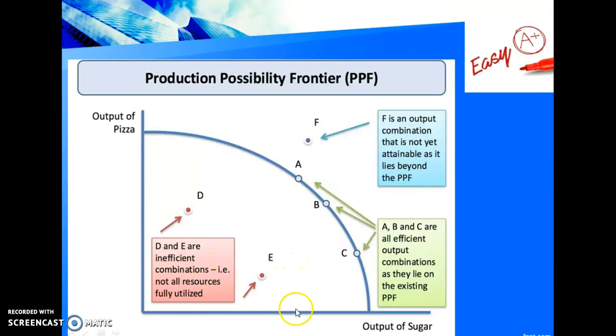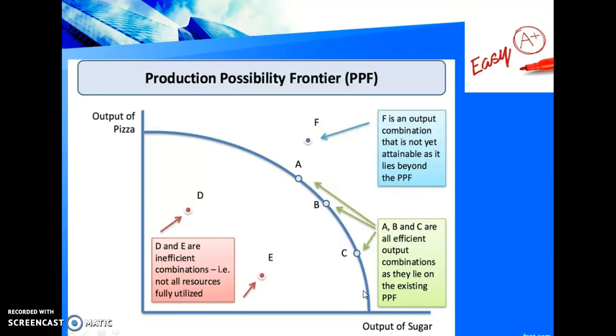But because now the country is producing at point B, it has foregone some amount of pizza in order to produce more sugar. And if the country had chosen point C, then it would have given up some amount of B, and it would have given up some pizza to produce more sugar, right?